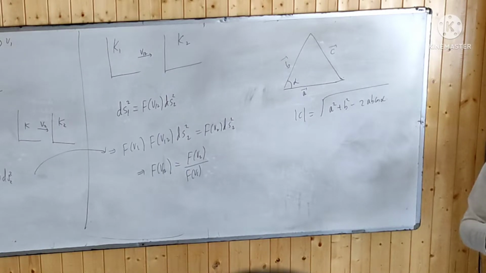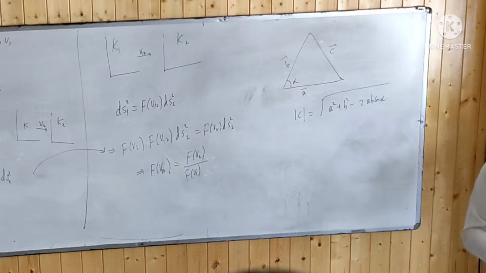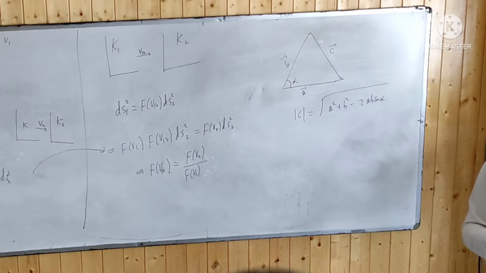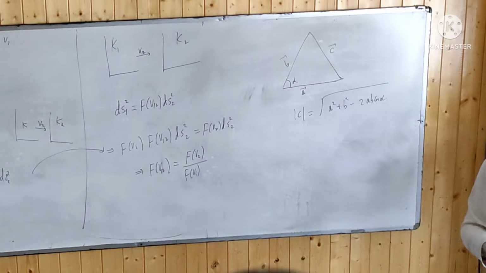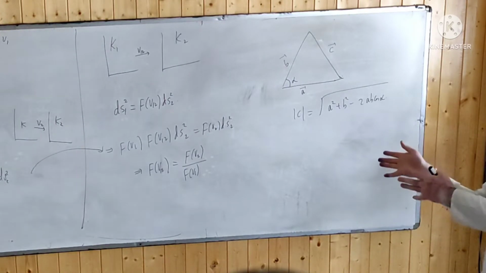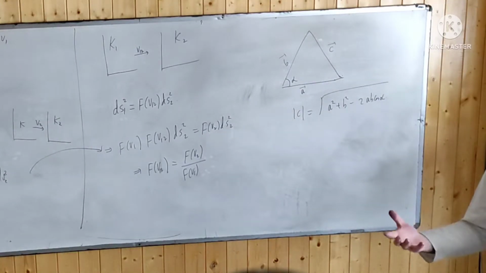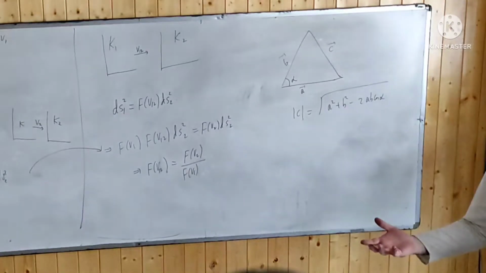What I mean to say is, this f should be constant itself. It should be a constant function, let's assume. When it is a constant function, it will be constant on the right hand side and constant on the left hand side, so it will not depend on any kind of angle.